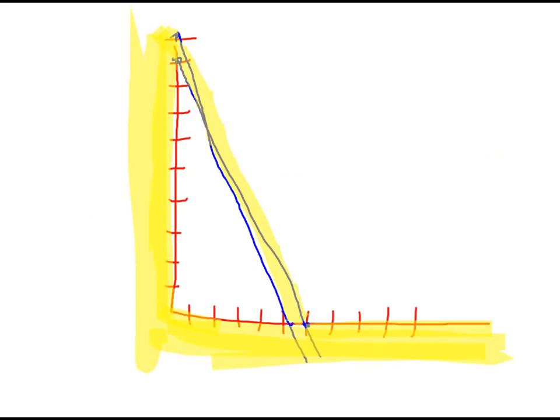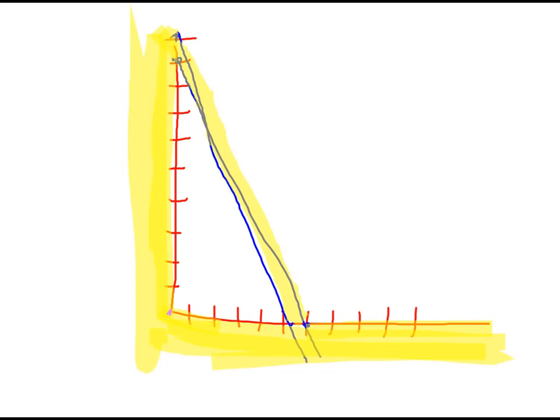So the next step then is to plug our numbers into our profit formula to figure out what the best option is. So if you recall, we have really four points that we know about.